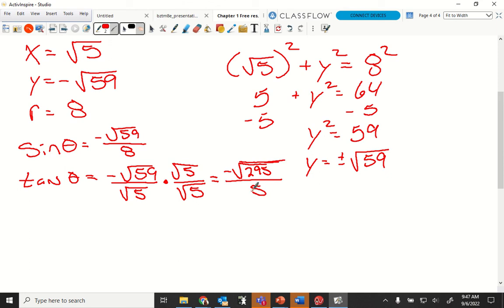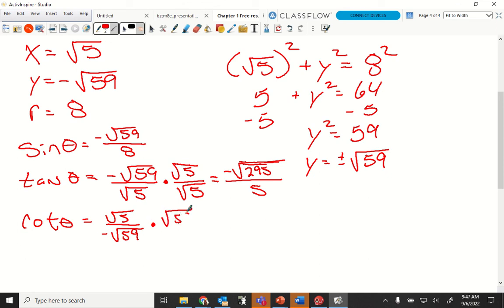There's tangent. Next one after that is cotangent. What is cotangent supposed to be? X over y. So radical 5 over negative radical 59. Rationalize again.